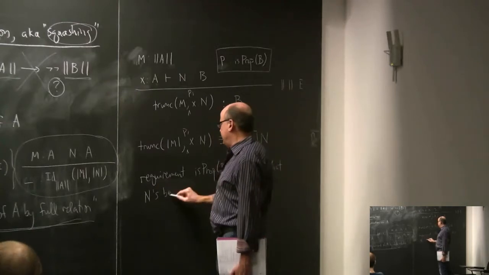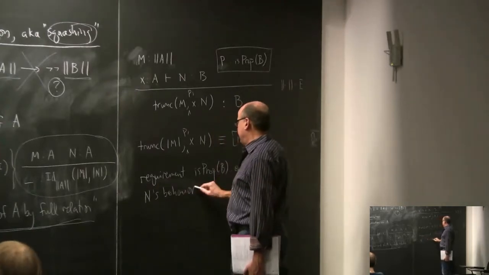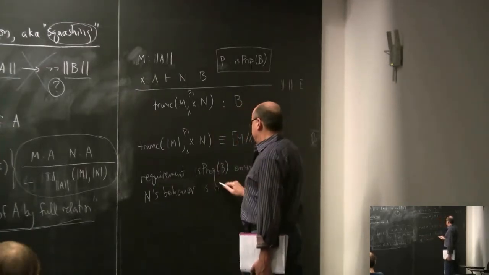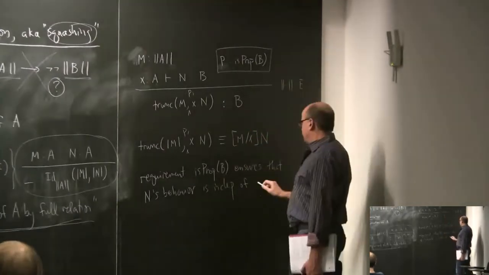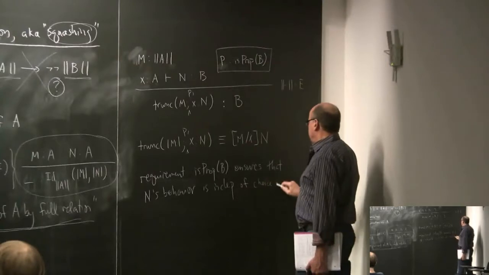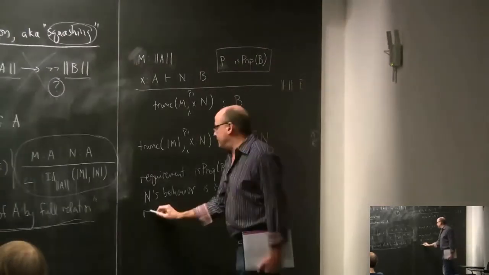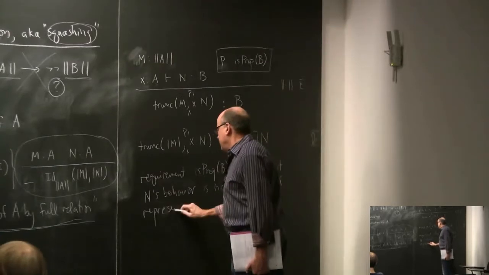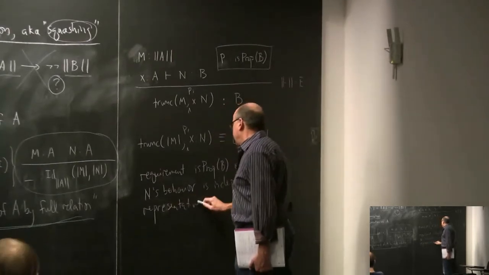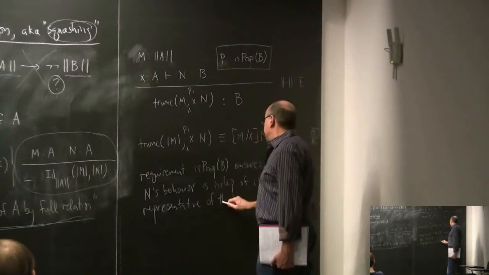ensures, it's sufficient anyway, ensures that n's behavior, let's put it that way, is independent of the choice of M. The choice of the representative, I'll call it the representative, of the implied equivalence class.